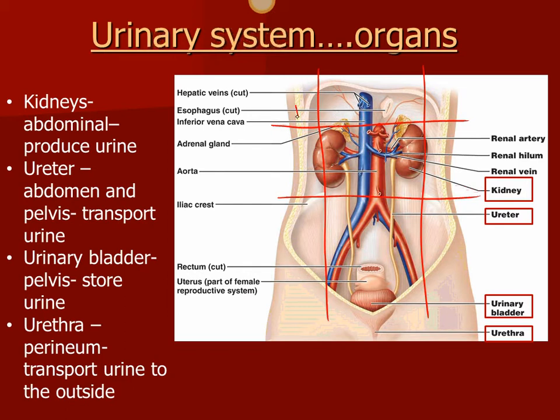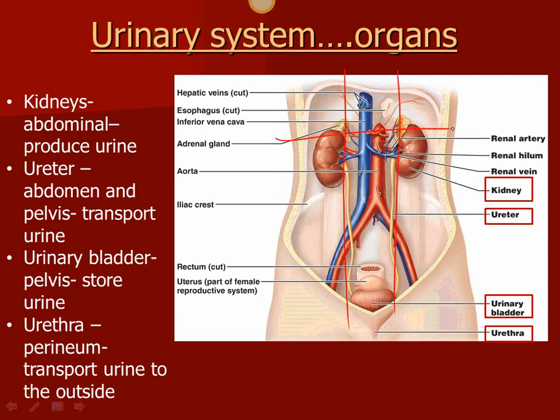This area was called the hypochondrium, this was the epigastrium, hypochondrium, umbilical area, pubic area, the inguinal, and this area was known as the lumbar region, right? So you can see that the kidneys are present here in the abdomen, and they are the organs which produce the urine. They are solid organs.